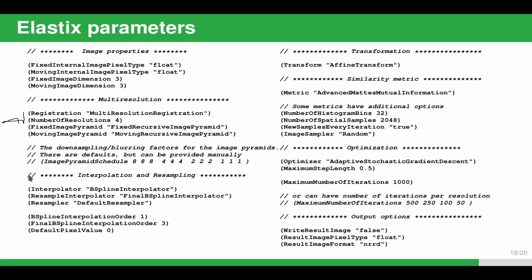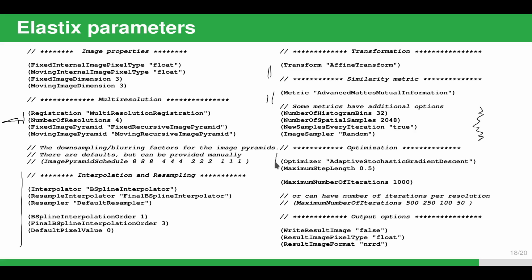There are also options for how to interpolate and resample the image, both during the registration optimization loop and at the end when you're producing an output image, and that's what's described here. Very important is the type of transformation. Here we're going to be doing affine transformation. As well, also very important is what metric you're using. So here in this example, we have mutual information as a metric to compare the images and some parameters of the mutual information.